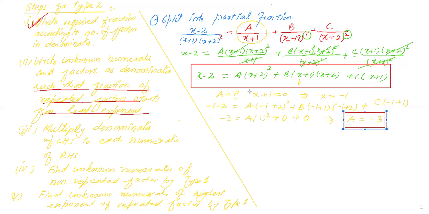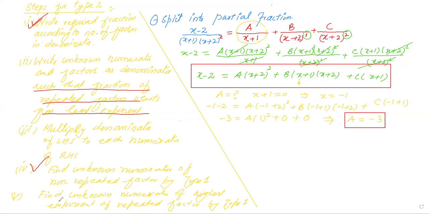That is the first unknown. Now what is the second unknown? That is cardinal. That step is very important: find the unknown numerator of the non-repeated factor by type 1. That is step 4, which I already have done.